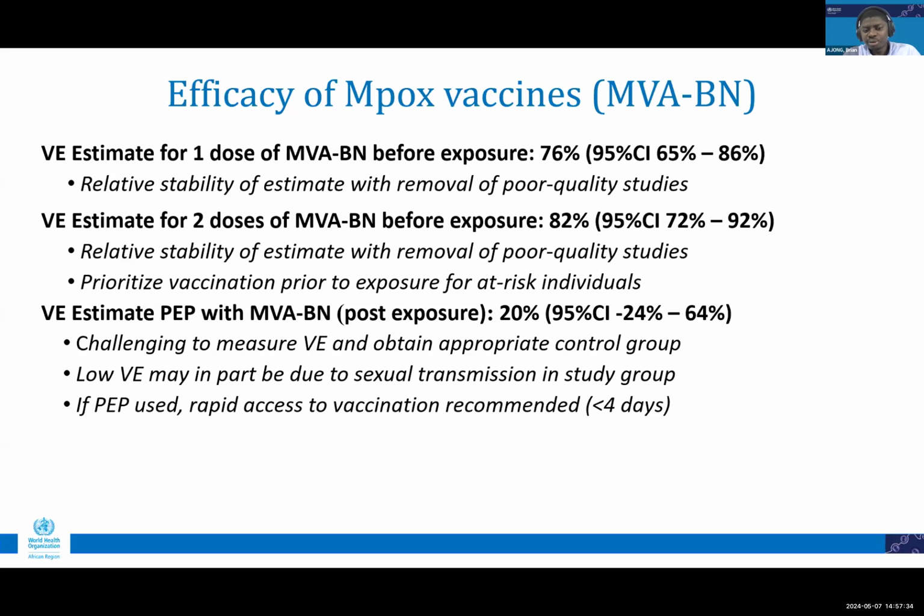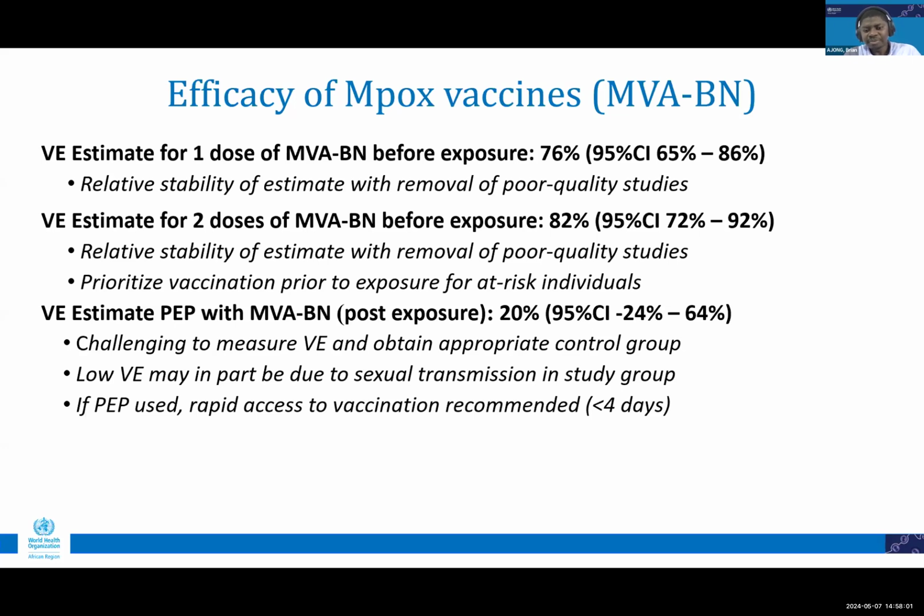Nonetheless, in post-exposure, you have a vaccine efficacy of about 20%. Some of the reasons why we are seeing a low vaccine efficacy in the post-exposure strategy is that trying to get these contacts vaccinated within the first 4 days is not very easy to do.